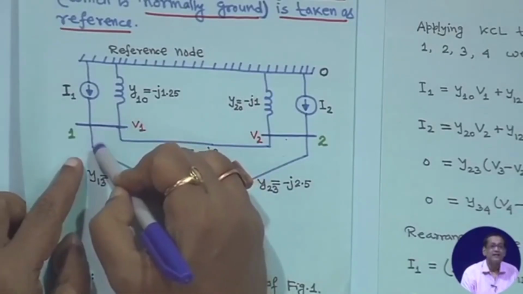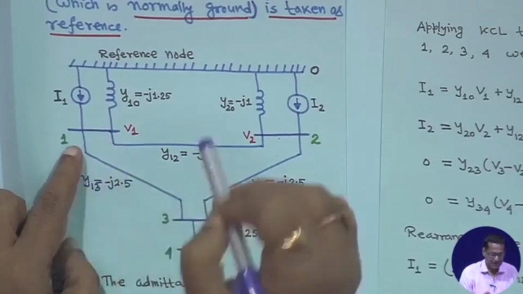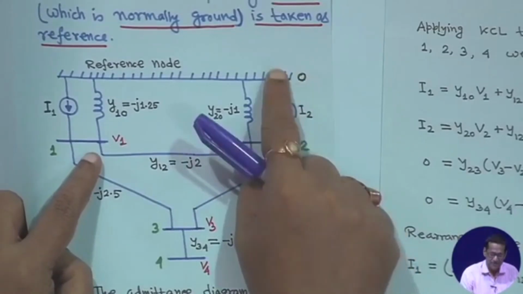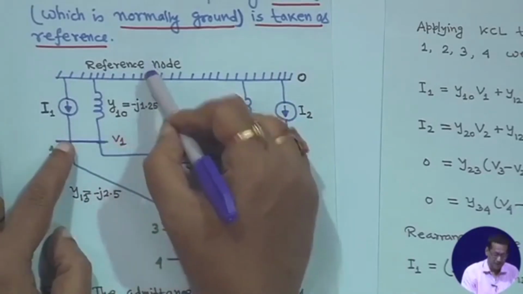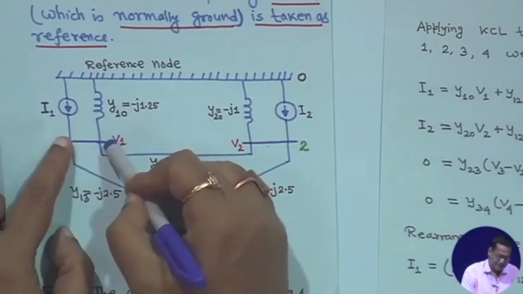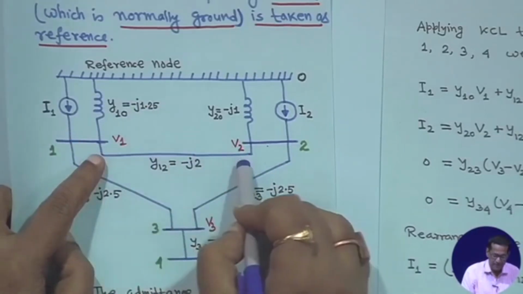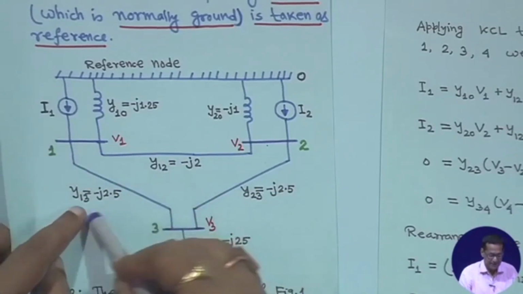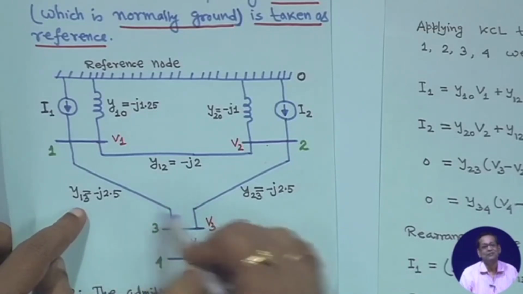If you apply KCL at this bus, what will be the equation? Taking the reference potential V0 equal to 0, with this current injected and all the currents taken out. Everywhere, Yij is equal to Yji.